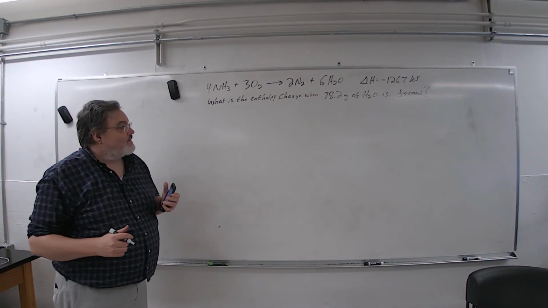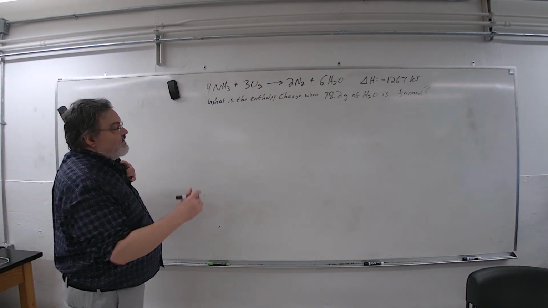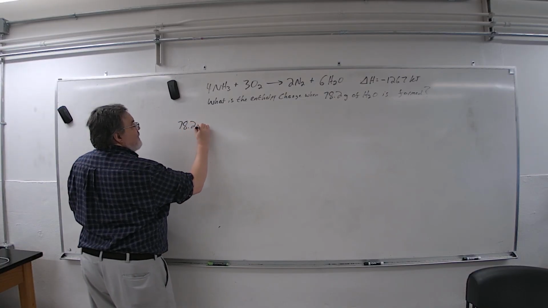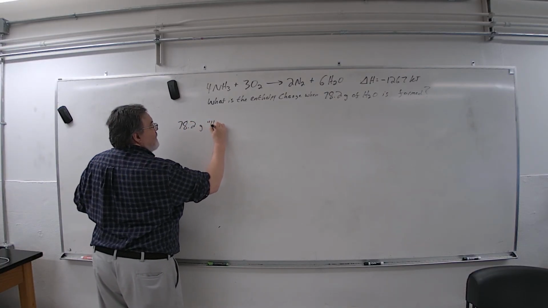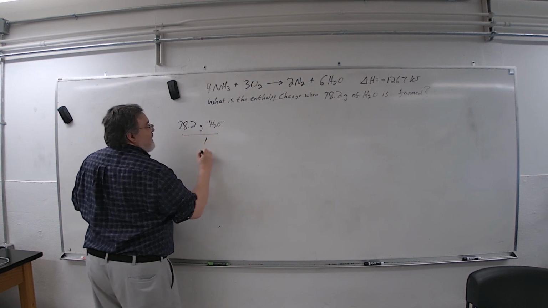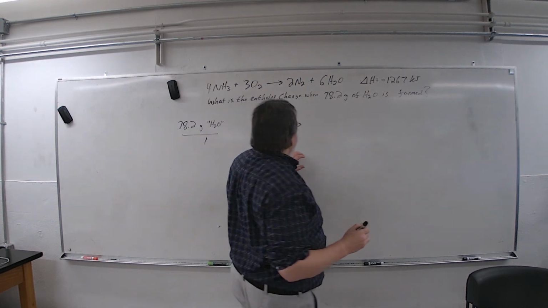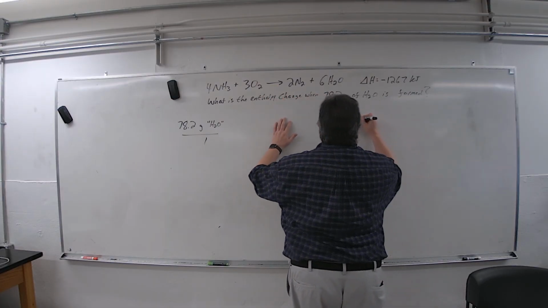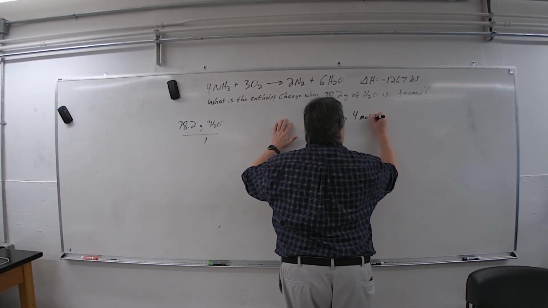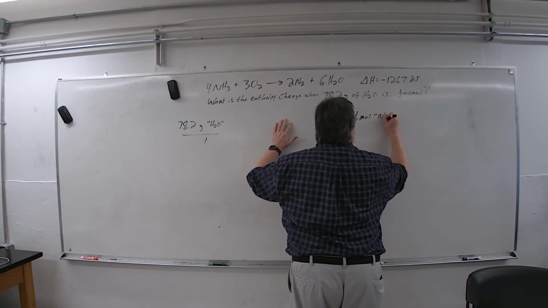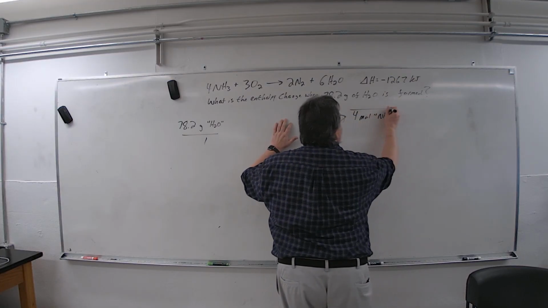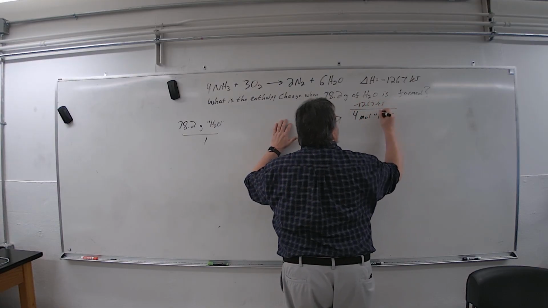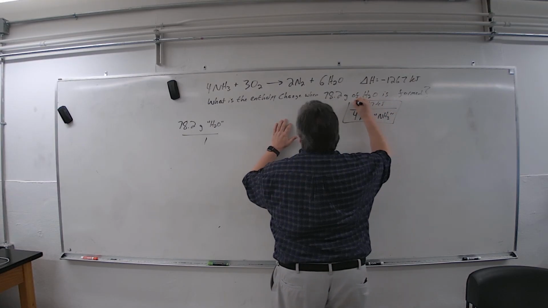All right, let's start with the 78.2. And remember I said that this is similar to before. This is a summary form of 4 moles of NH3 to negative 1,267 kilojoules. That's one of the relationships that's here.